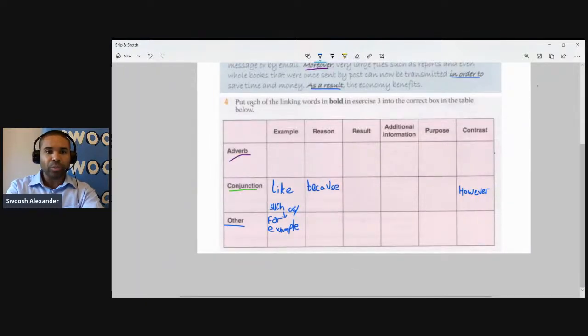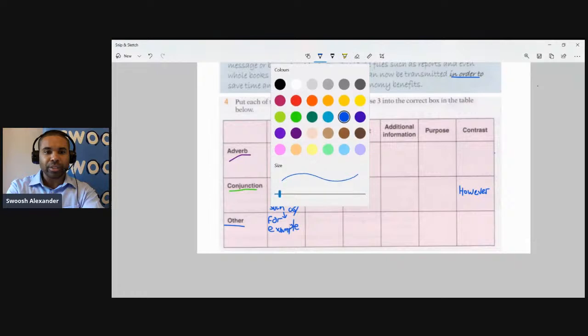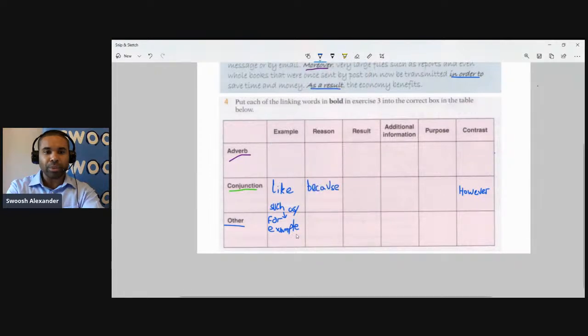And yeah, we can put that in just here. So for example, or for instance. Put that here. There we go. Yeah, for example, for instance.